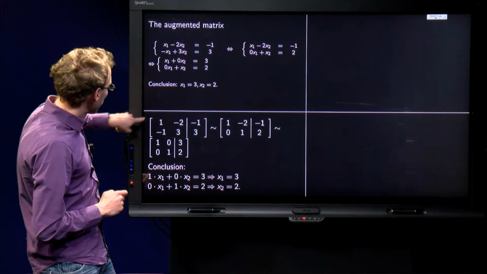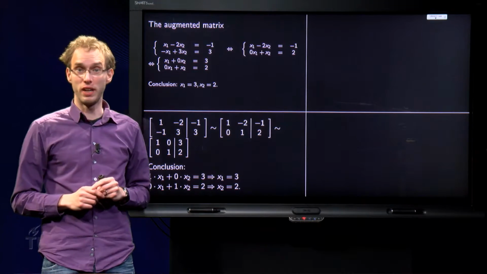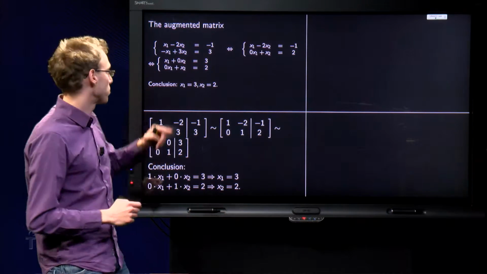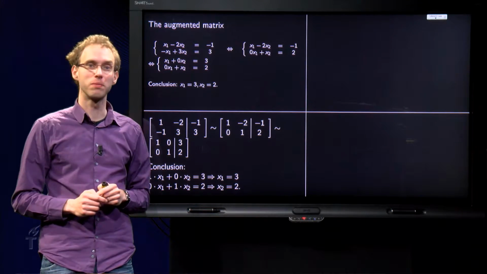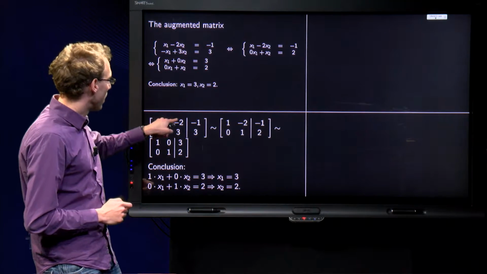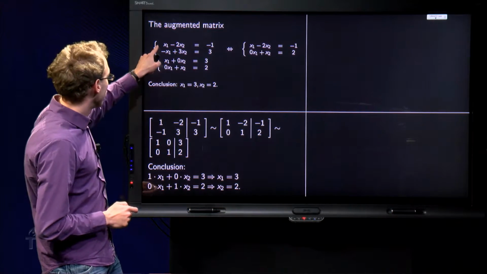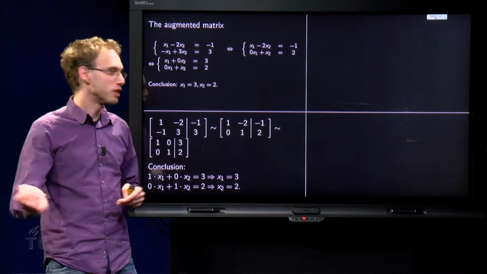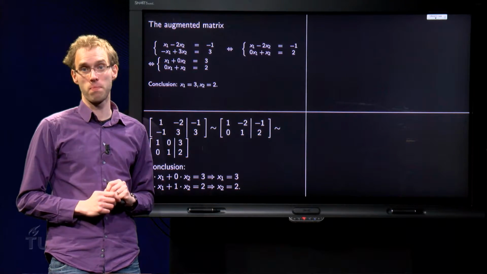We introduce a so-called augmented matrix over here. Every row of the augmented matrix corresponds to an equation over here. The coefficients 1 and minus 2 are the coefficients in front of the x1 and the x2. Then the bar, and behind the bar is just the right hand side, minus 1.